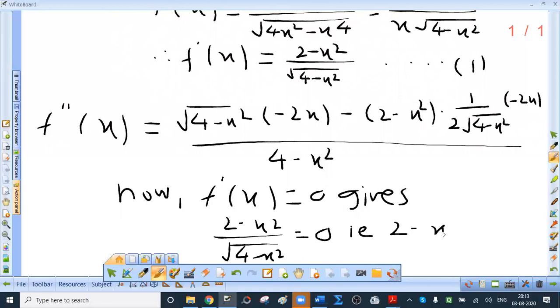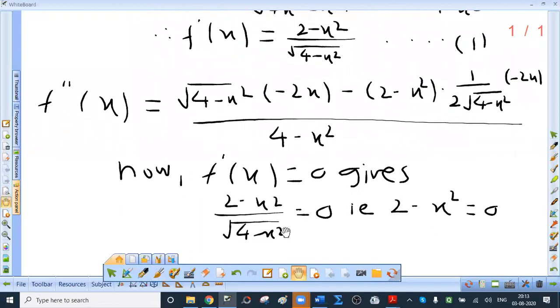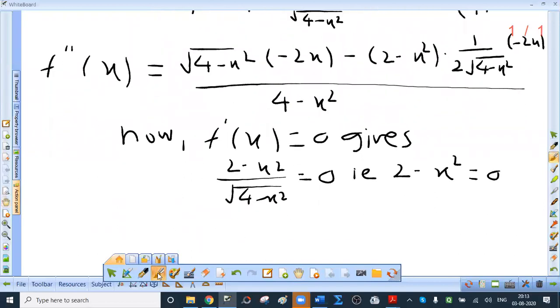That is 2 minus x square equal to 0, that is x square equal to 2. Therefore, x equal to plus root 2, as length is never negative.